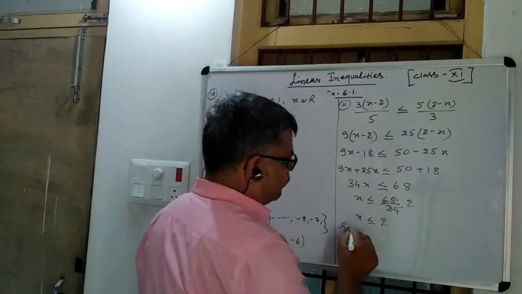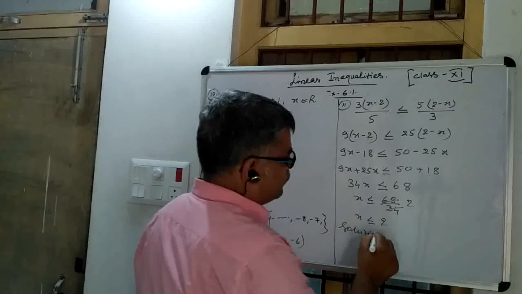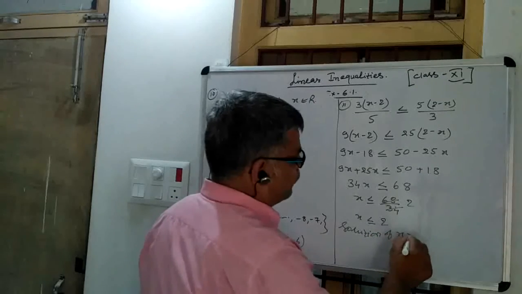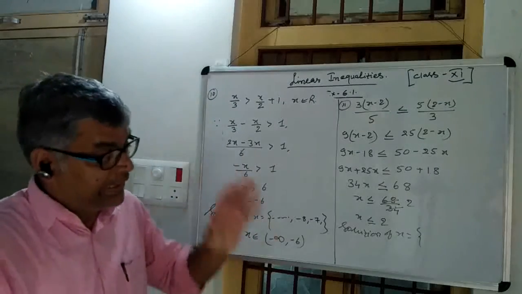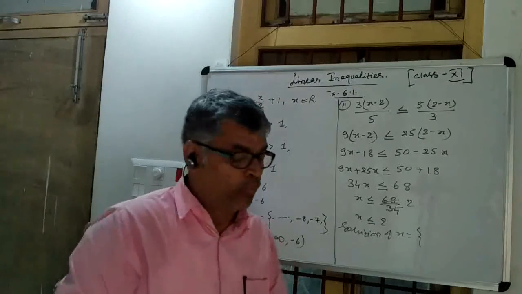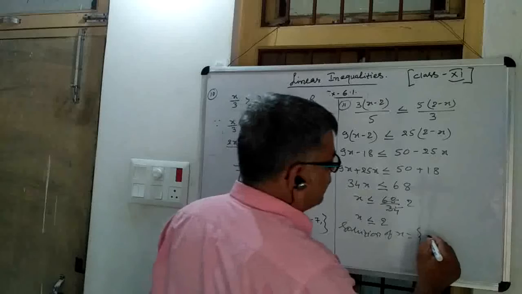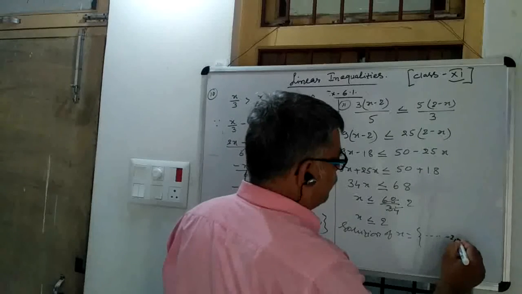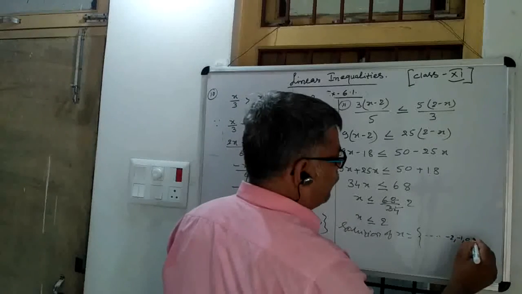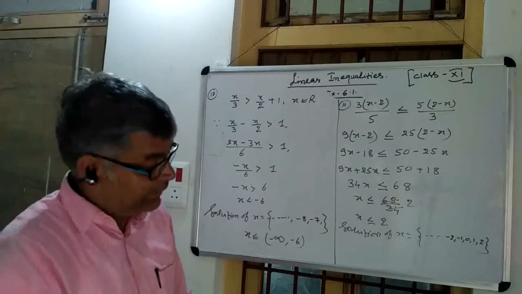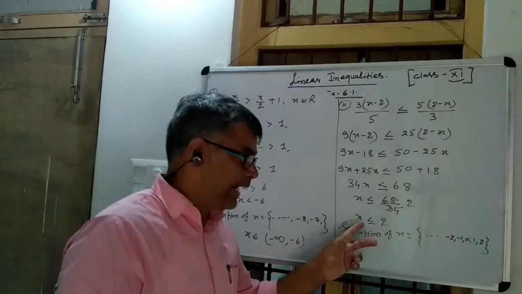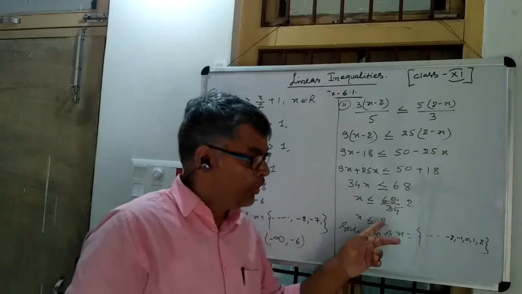It means the solution of x equals all those real numbers which are less than or equal to 2. It means that its solution will be -2, -1, 0, 1 and 2. 2 is also included in it because here it is given that x is less than or equal to 2.